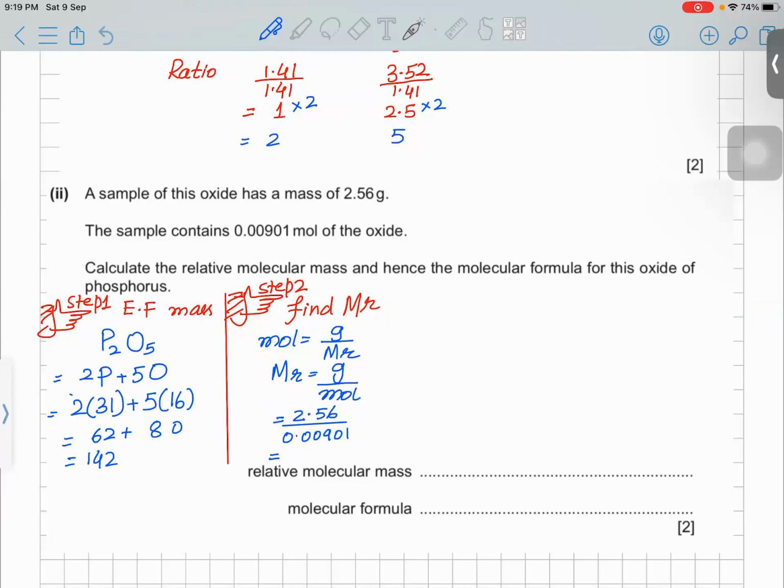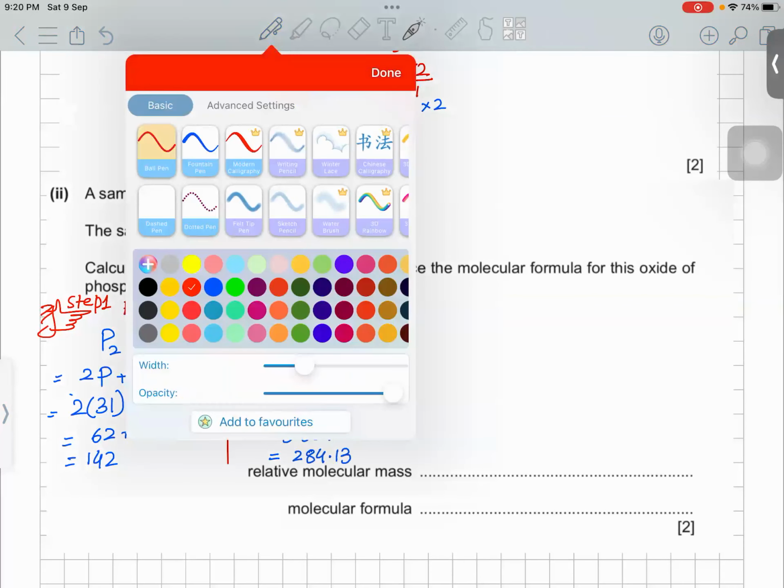The mass is 2.56 and the mole is 0.00901. So it's 284.13. This is your MR.